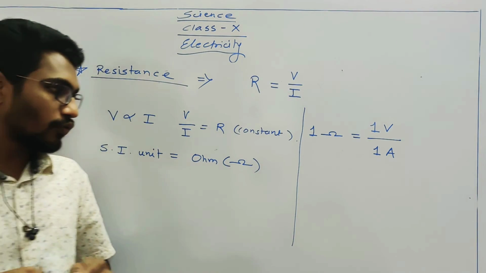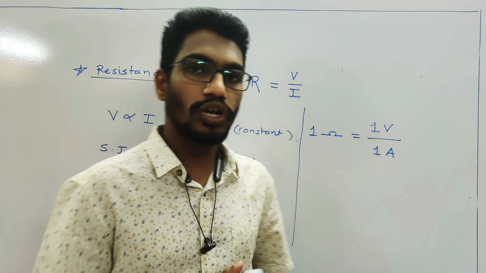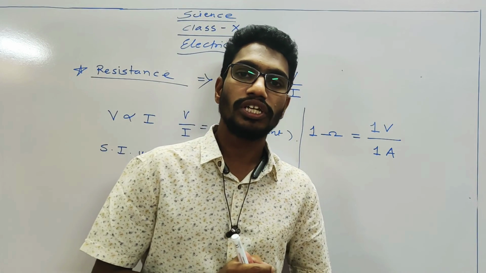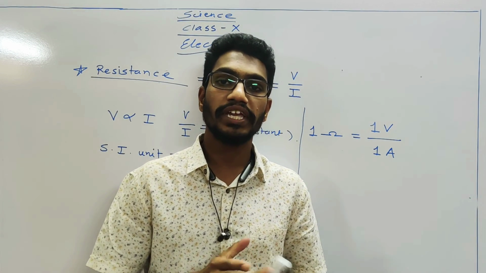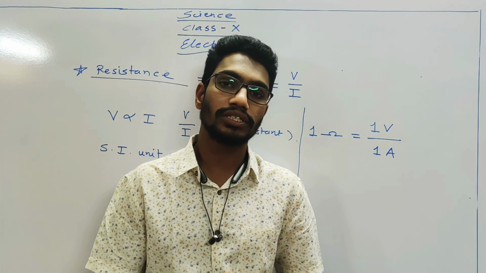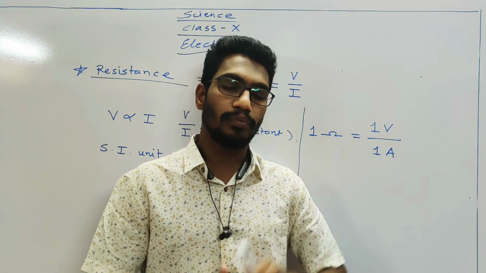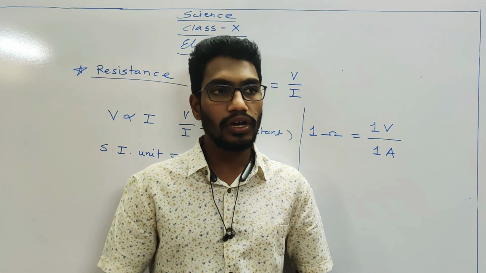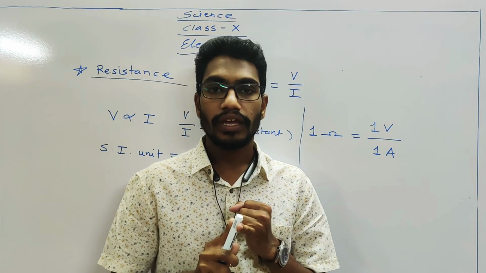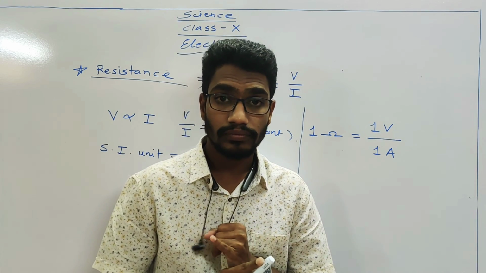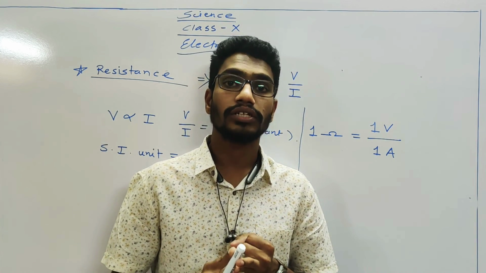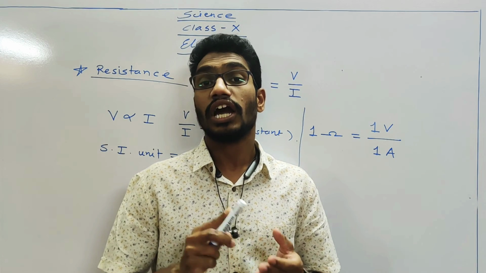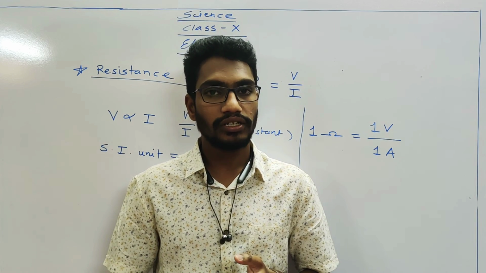Okay, so up to this particular portion from the chapter electricity, I am going to recapitulate all the topics that we have learned in previous videos. Okay, we learn about electric current, its formula, its SI unit, conventional direction of electric current.